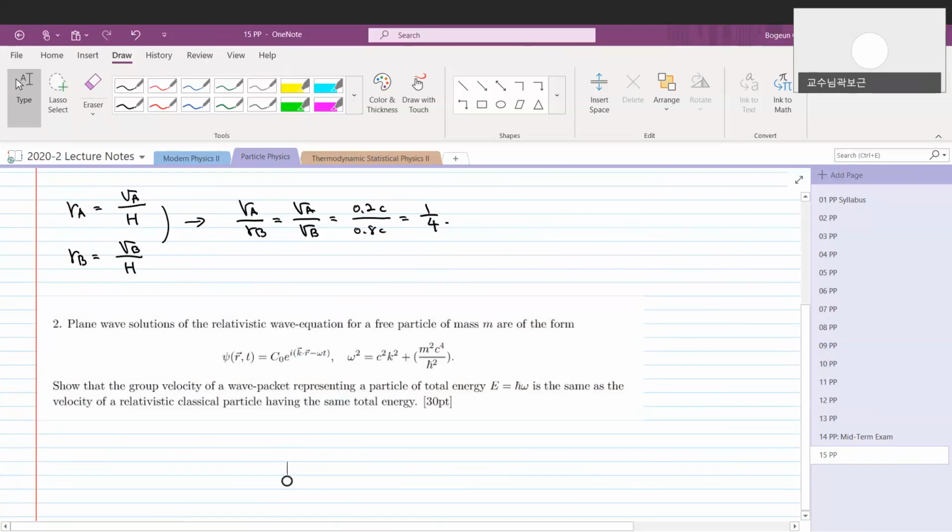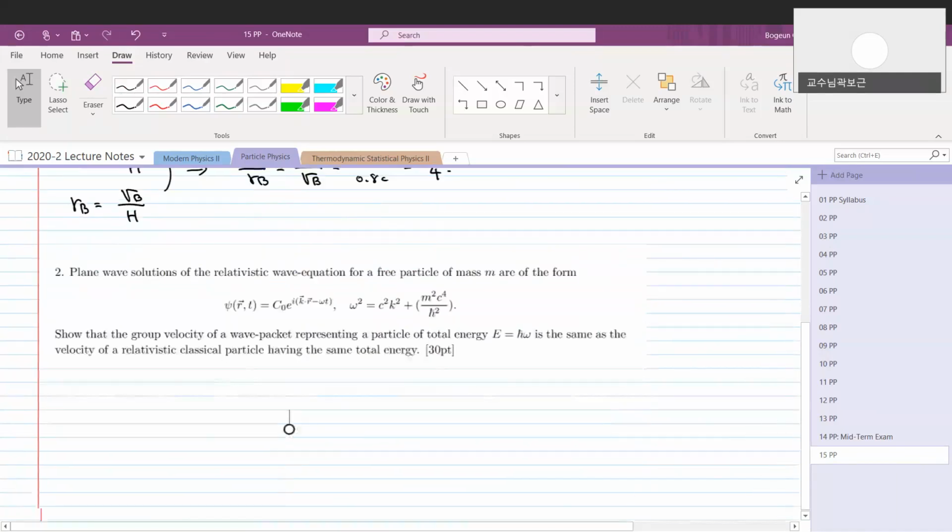Show that the group velocity of a wave packet representing a particle of total energy h bar omega is the same as the velocity of a relativistic classical particle having the same total energy.